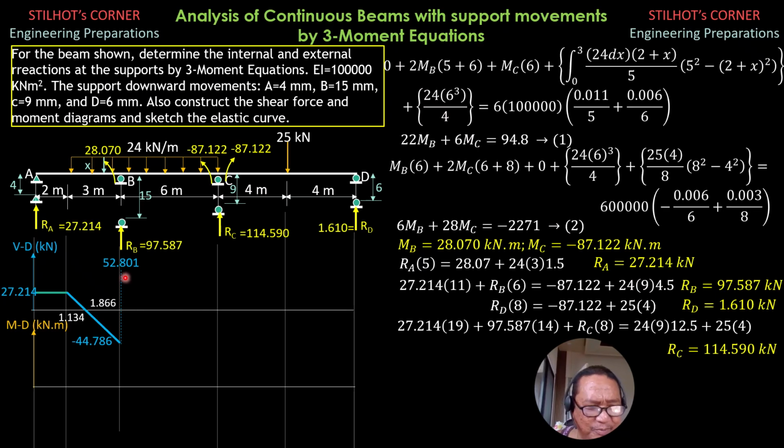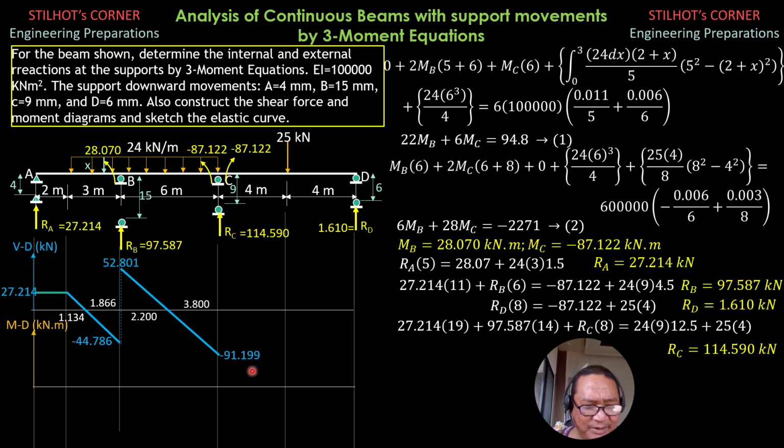Then 52.801 minus 24 times 6, it is again a straight line down to the right. It is equal to negative 91.199. Then this distance is 52.801 divided by 24. That's 2.200 meters. So this is 6 minus 2.200, 3.8 meters.